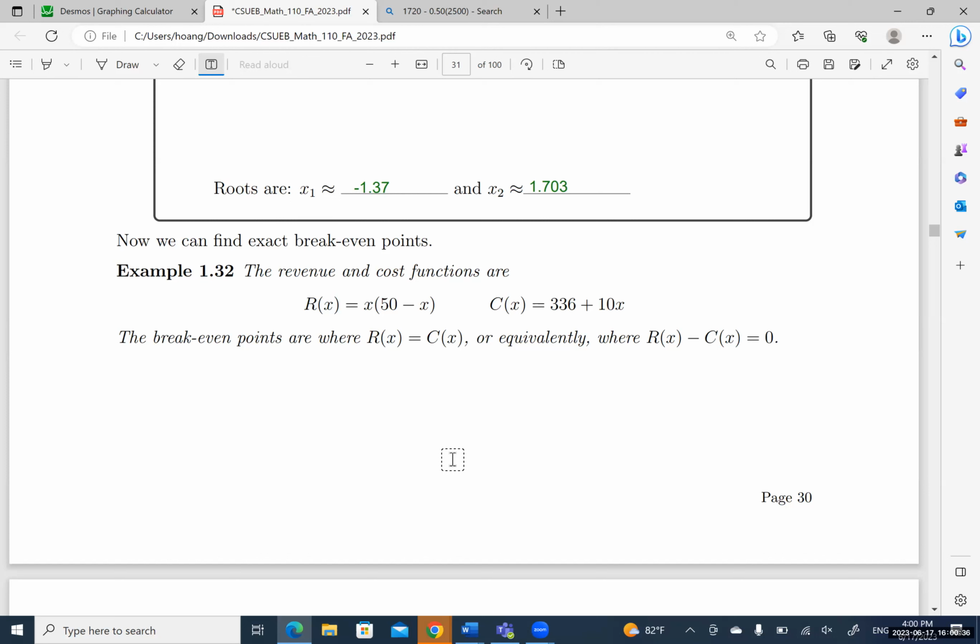The reason why we need to find zeros is that in the future, when the cost function is set equal to the revenue function, that makes a quadratic function, and when you set it equal to zero, you find the break-even point, which is the point where revenue equals cost.